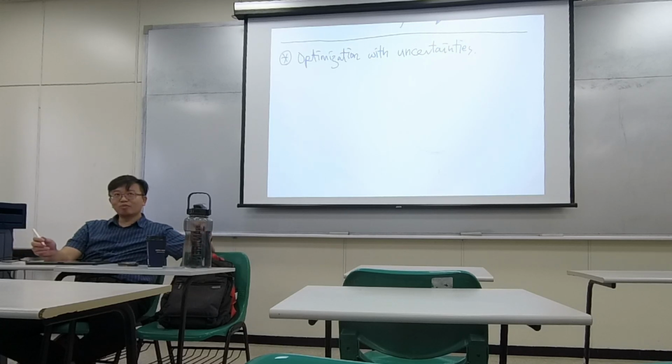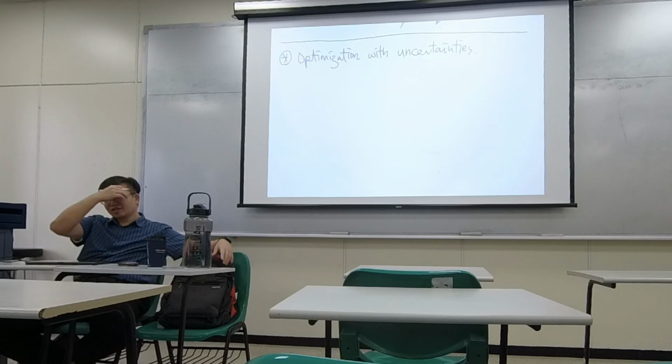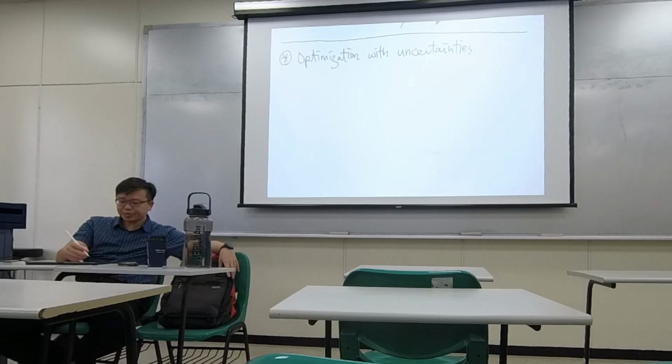Whenever your problem has random variables and there are so-called success rate and failure rate, then your problem is not easy to handle. So what do you mean by that?